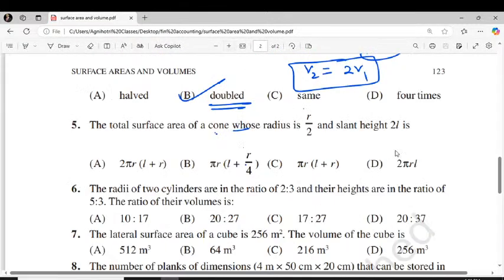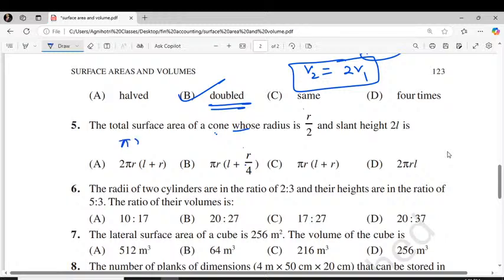In the 5th question you want the total surface area, that is simply pi RL plus base area pi r square. That's what you will get. You don't cancel 2, rather you multiply by 2 and divide by 2, because here you have pi r square by 4.